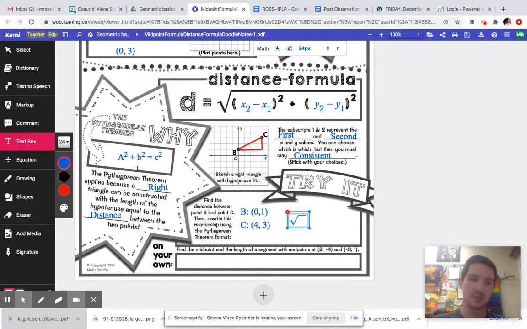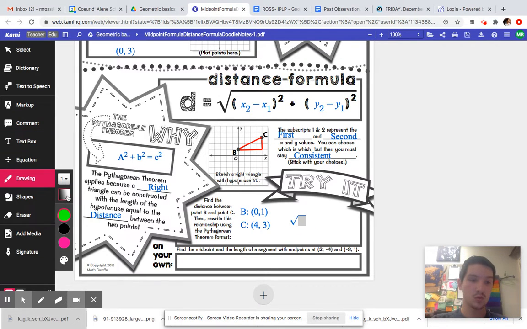So quickly, let me explain why this works. We're pulling back in that Pythagorean theorem idea, a squared plus b squared equals c squared. The Pythagorean theorem applies because a right triangle can be constructed with the length of the hypotenuse equal to the distance between the two points. So when we do this formula, from B to this point right here is our x2 minus x1.